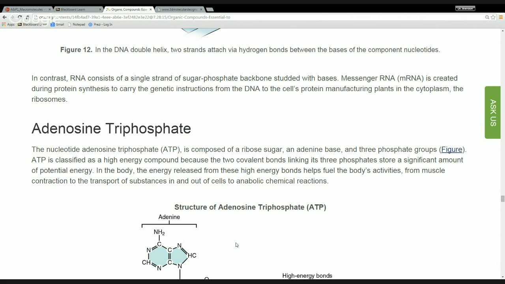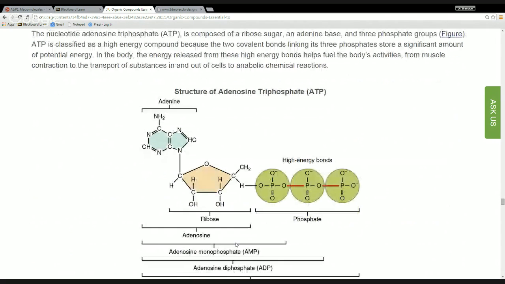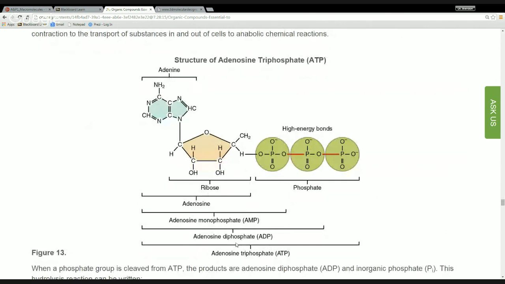And then finally in this section, I just want to point this out, going back to nucleotides. There's a particular nucleotide that we're going to run into a whole lot in this course, and it's called adenosine triphosphate. It has an adenine base and a ribose sugar.